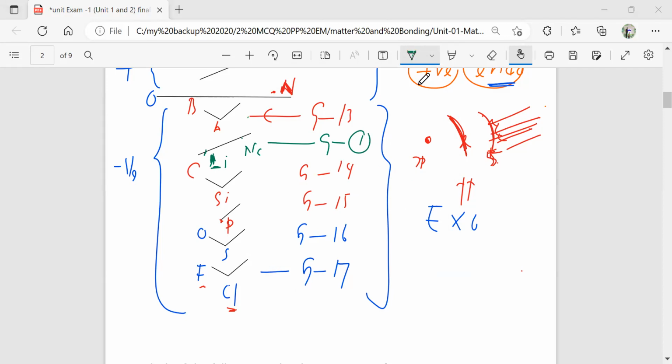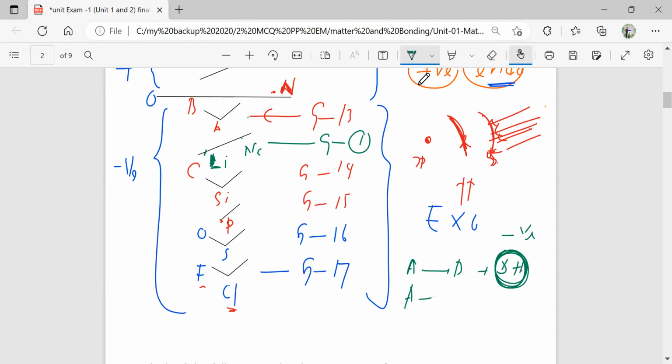If you look at the group 1 elements, they are exothermic, so negative. Negative and positive can be confusing. If energy is emitted, heat emitted, we call it negative.